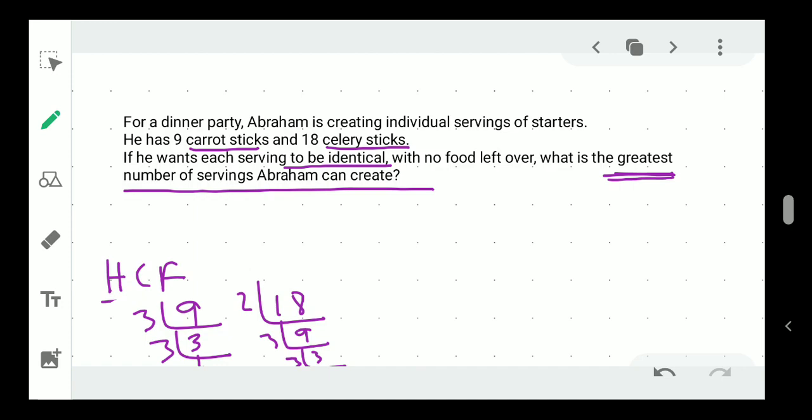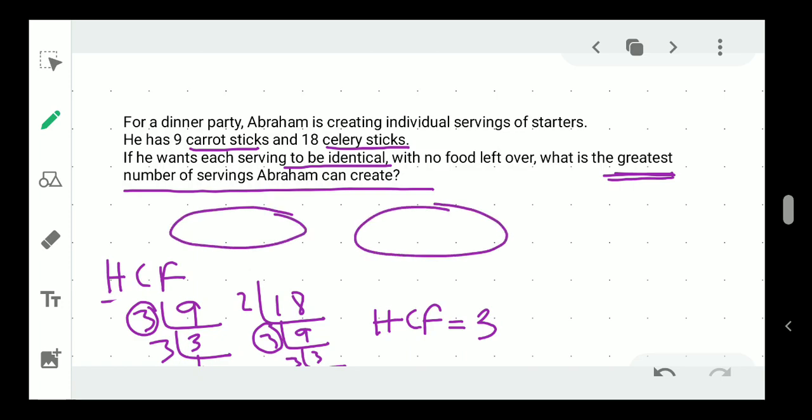So we can see here that the HCF is nothing but your 3, and we don't have anything else common here. So that means Abraham can make 3 plates. So 1 plate, another plate, and another plate.